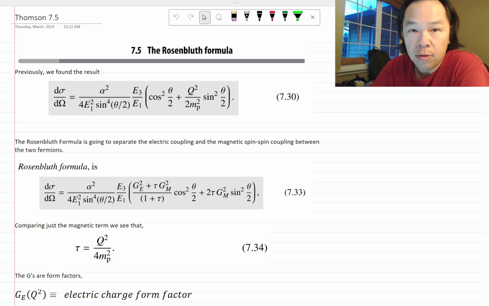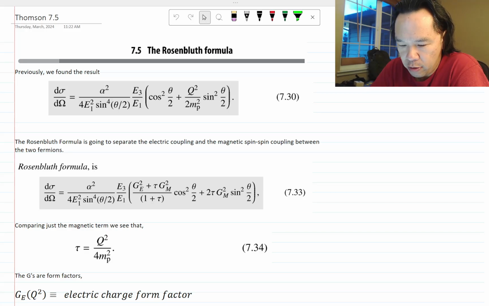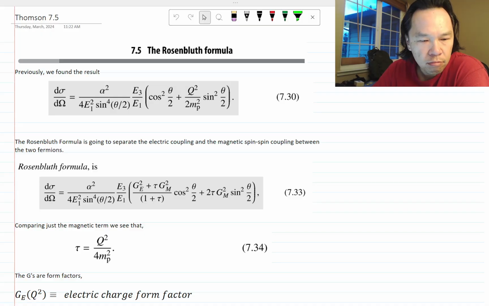Hey everyone, so today we're going to cover section 7.5 in Thomson, the Rosenbluth formula. It may sound a little bit like, wait, what is this formula we're talking about, right? But it brings up an extremely important way for both theoretical and experimental particle physics to deal with systems that are more complicated than just scattering two direct fermions off each other.